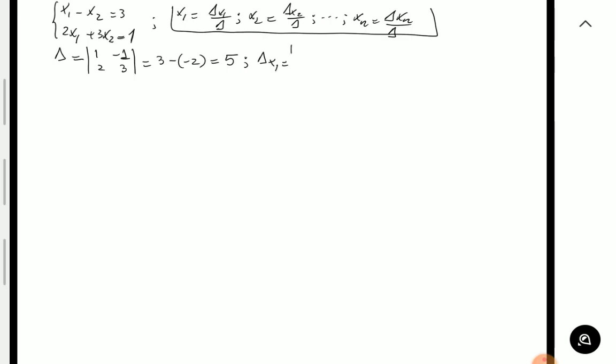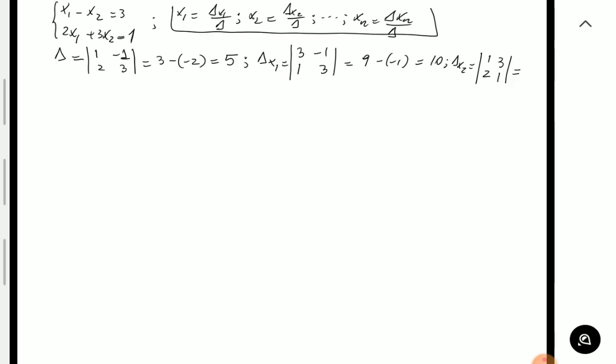And then delta x1, pay attention here, we're going to replace the column 1, 2 with the right hand side, 3, 1. The other one stays the same. So this determinant is 9 minus negative 1, which is 10. And then finally delta x2, we're going to replace column negative 1, 3 with the right hand side, 3, 1.